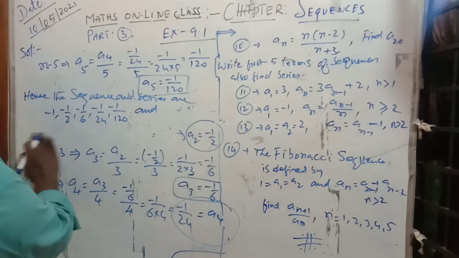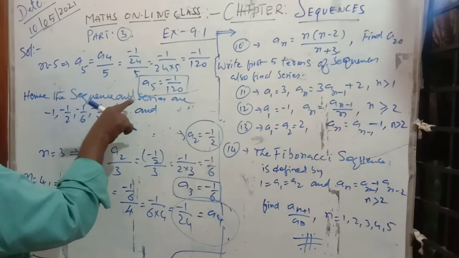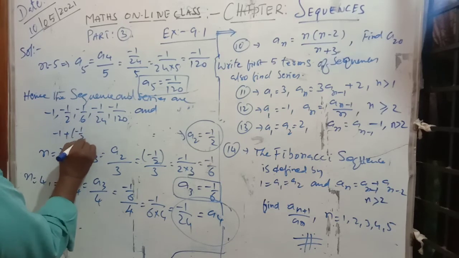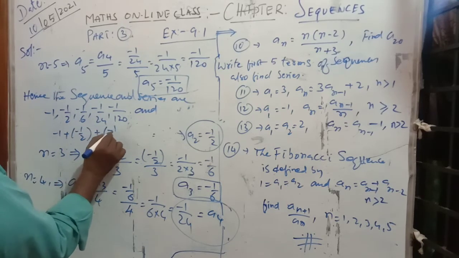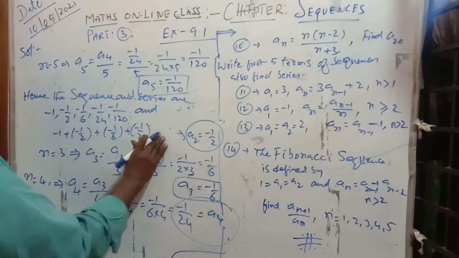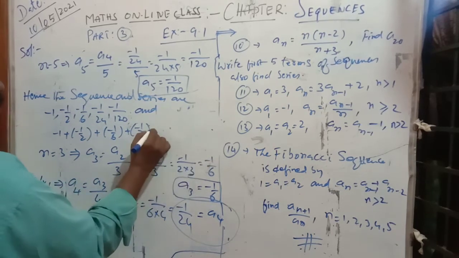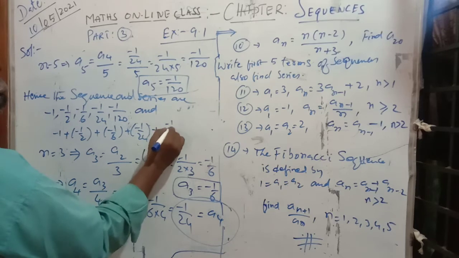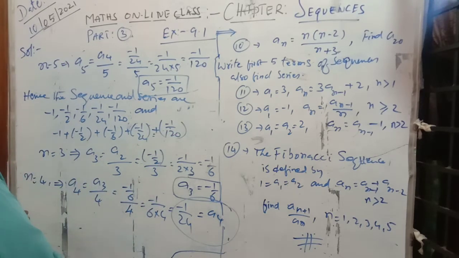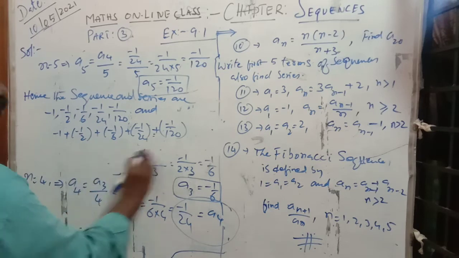And series. Series is also asked. Minus 1 plus minus 1 by 2 plus minus 1 by 6 plus minus 1 by 24, plus minus 1 by 120. Like that we have to mention. Don't get confused.